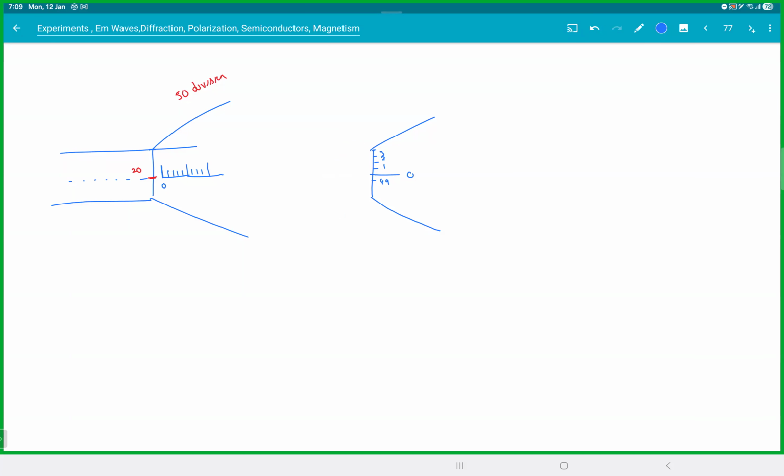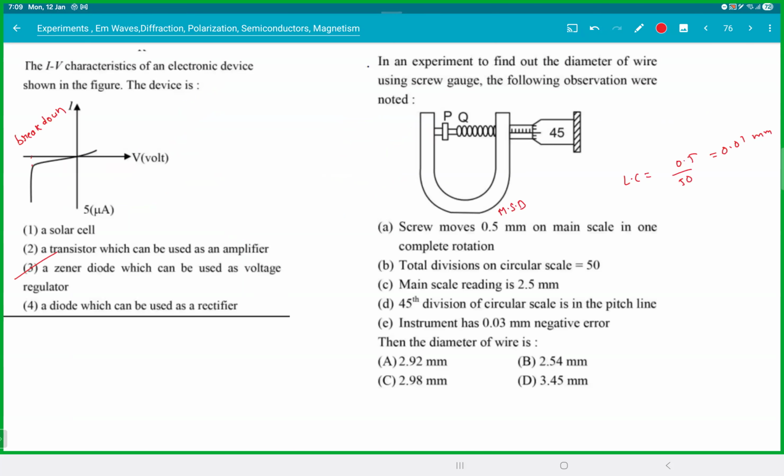So when you actually see 20 here, what did you do? If it is actually 20, that means you rotated in this direction 30 divisions, isn't it? Because when you count the numbers, you'll go from 0, 49, 48, and so on. You went till 20. So correction is not 20, but 30. So he's saying the instrument has 0.03 mm negative error.